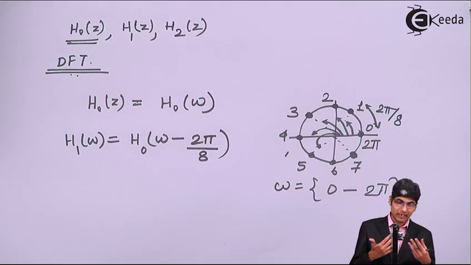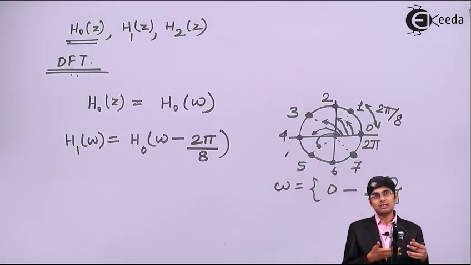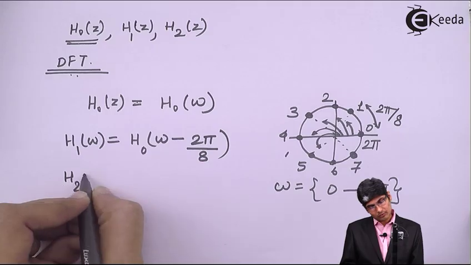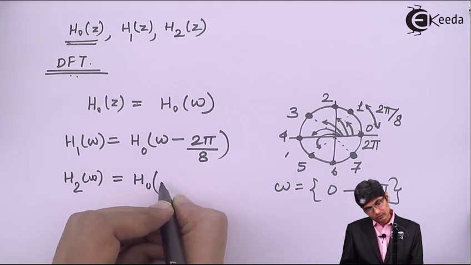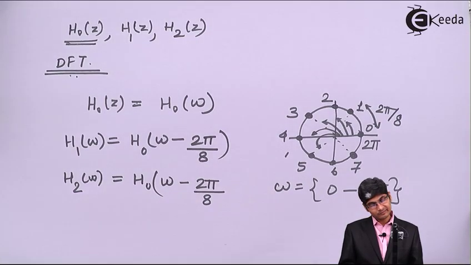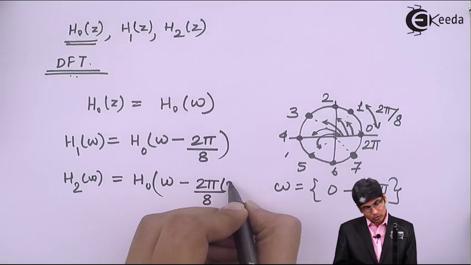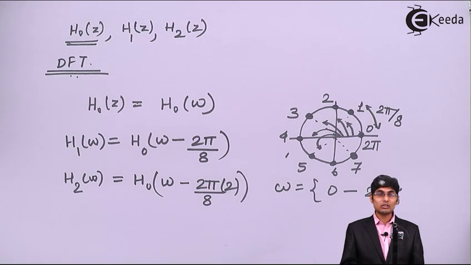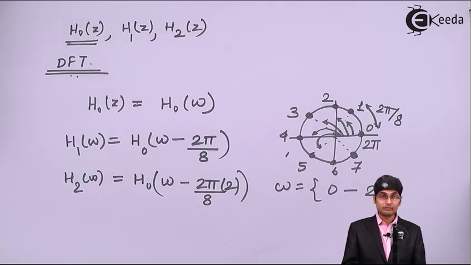That factor is 2 pi by 8 in this case, because we have considered dividing the incoming signal into 8 subparts. Then I have h2 of omega, which I will write as h0 of omega minus 2 times 2 pi by 8, and so on and so forth. It will go up to n minus 1 times 2 pi by 8.